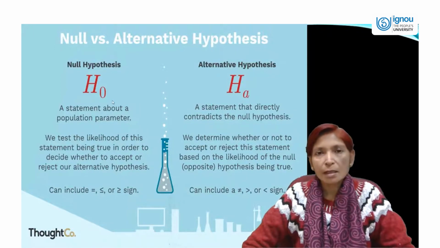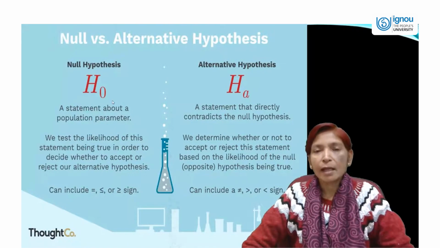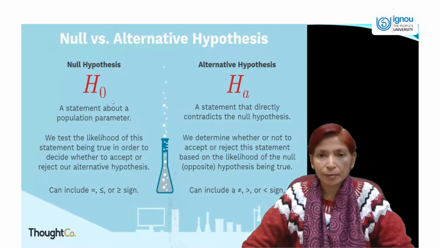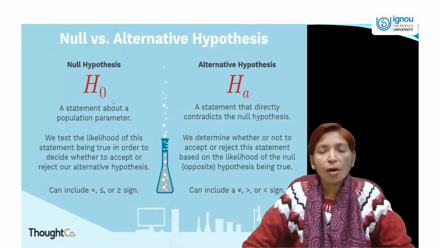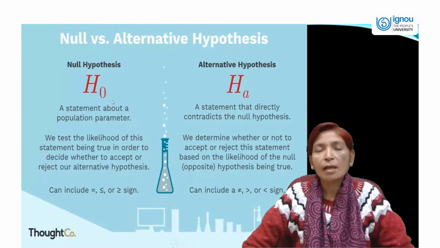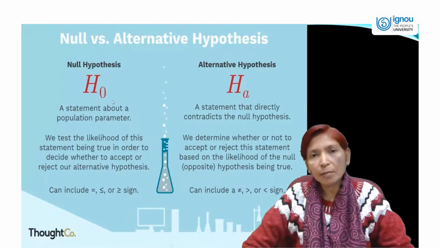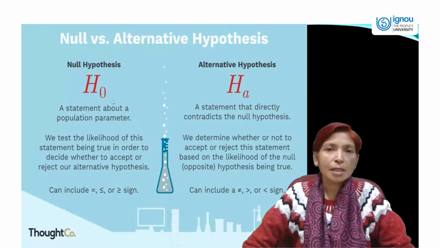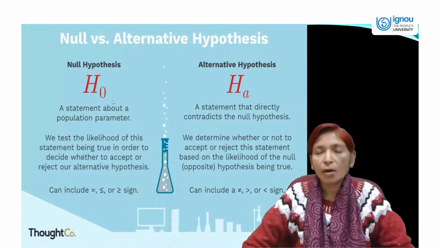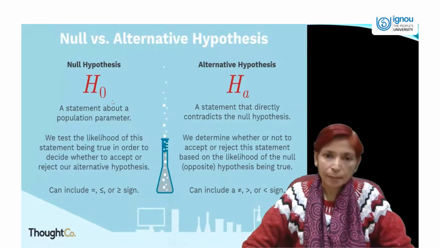Here H is hypothesis and A represents alternative. The alternative hypothesis is the substitute for the null hypothesis. When the null hypothesis is rejected, then the alternative will come. If the null hypothesis is accepted, then there is no need to use the alternative hypothesis.